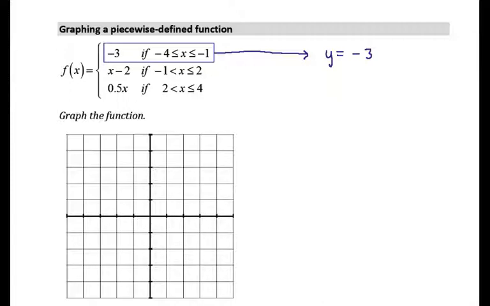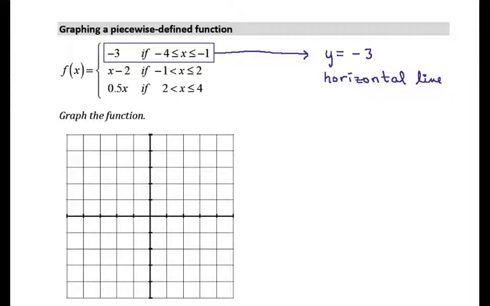This is a constant function, and therefore its graph is a horizontal line. What I'm going to do is draw this line very, very lightly. I'm not going to include all of it, but sometimes it's helpful not to try to think about everything at once.